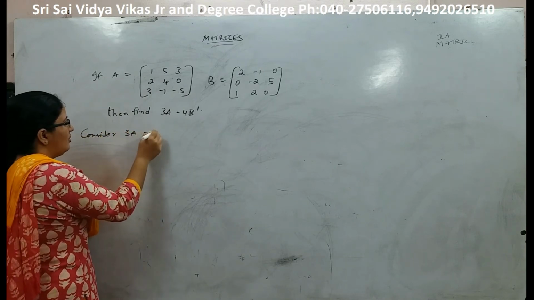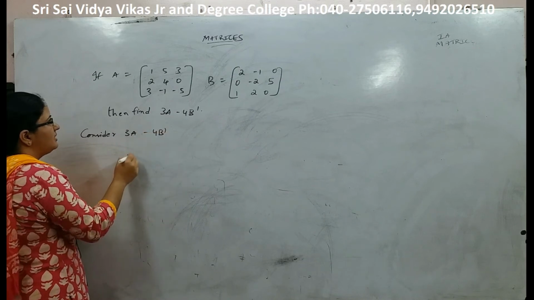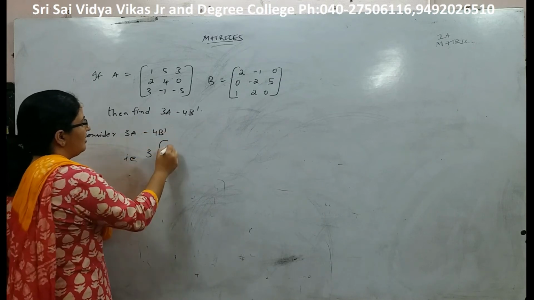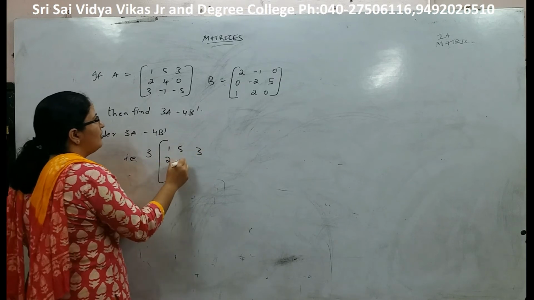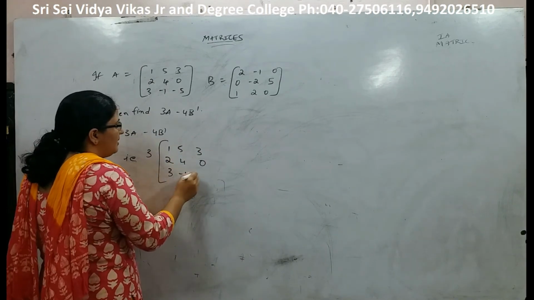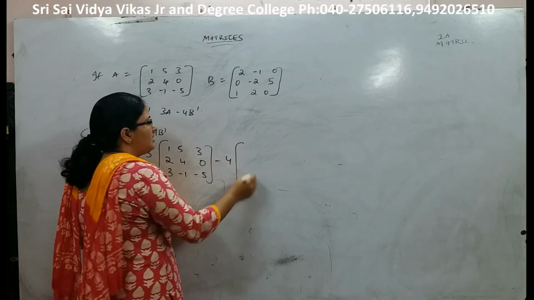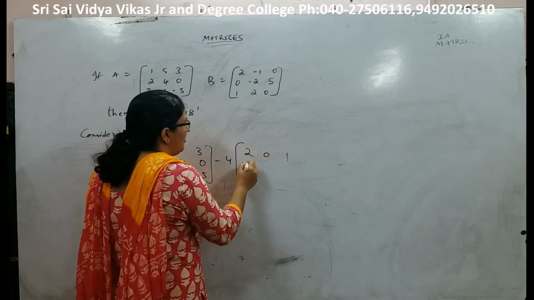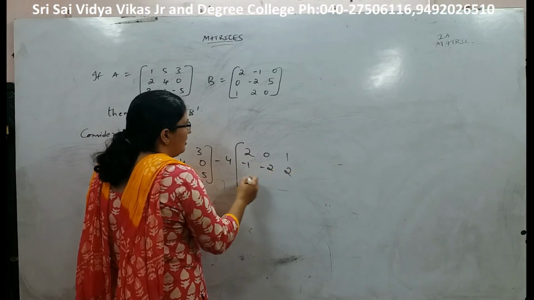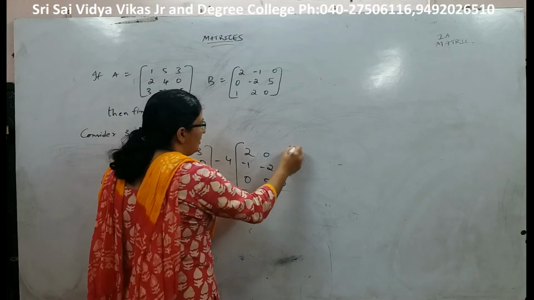Consider 3A minus 4B dash. That is 3 into A, [1, 5, 3; 2, 4, 0; 3, minus 1, minus 5], minus 4 B dash. B dash is [2, 0, 1; minus 1, minus 2, 2; 0, 5, 0].